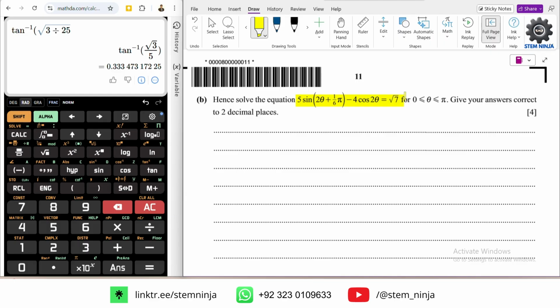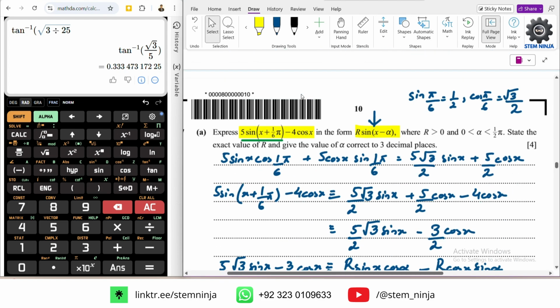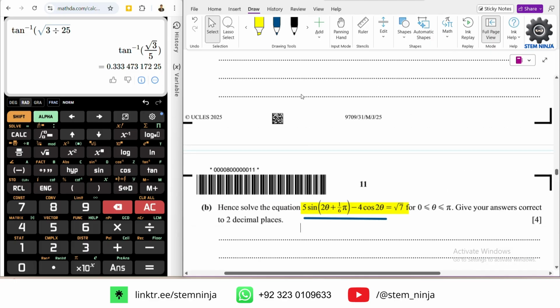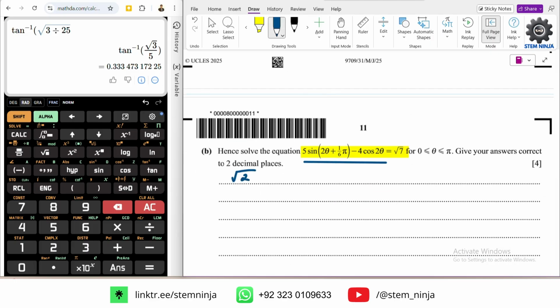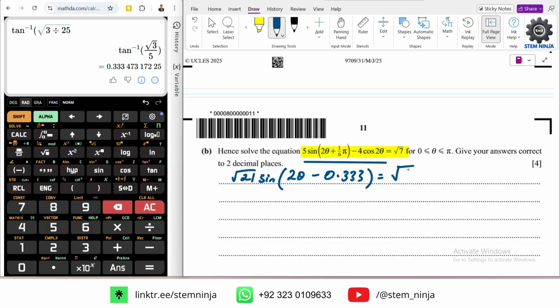Equals to root 7. So we expanded this, and x has now become 2 theta. So root 21 times sine of 2 theta minus 0.333 equals to root 7.